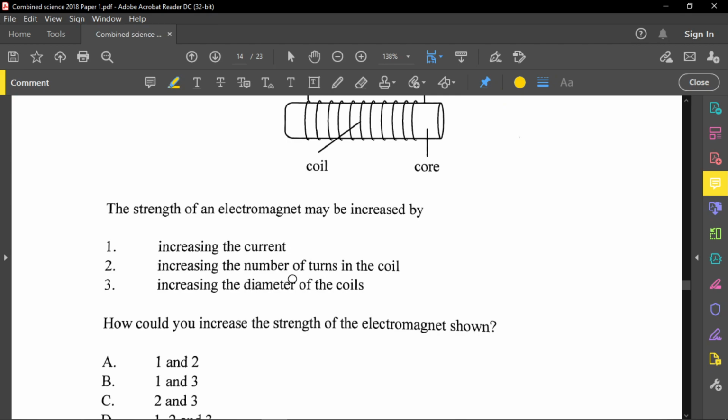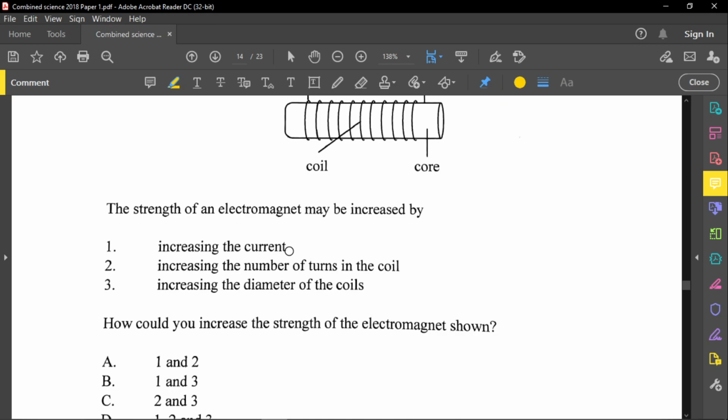Yes, that is true. Increase the number of turns in the coil and increase the diameter of the coils. And it said, how could you increase the strength of the electromagnet shown? And so these are three things here that may increase the strength of the magnet, which is true.